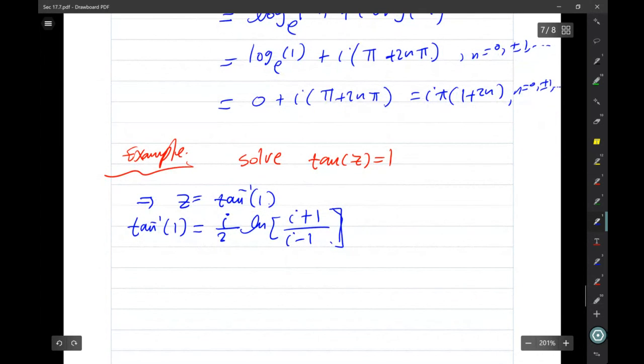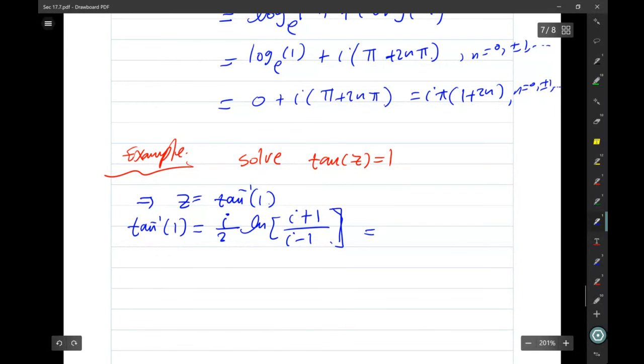Now we need to calculate this one. How? We need to multiply (i plus 1) divided by (i minus 1) by the conjugate.